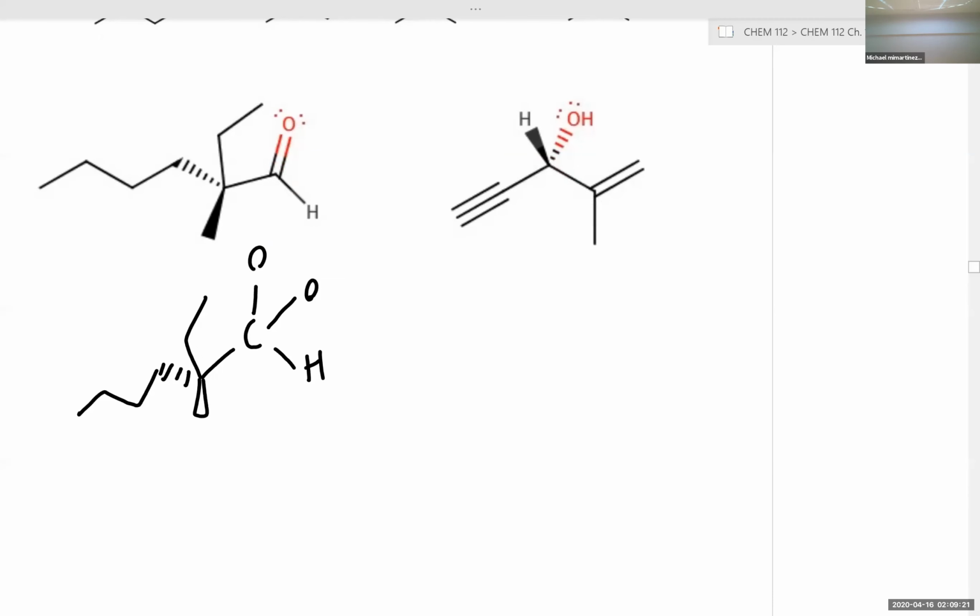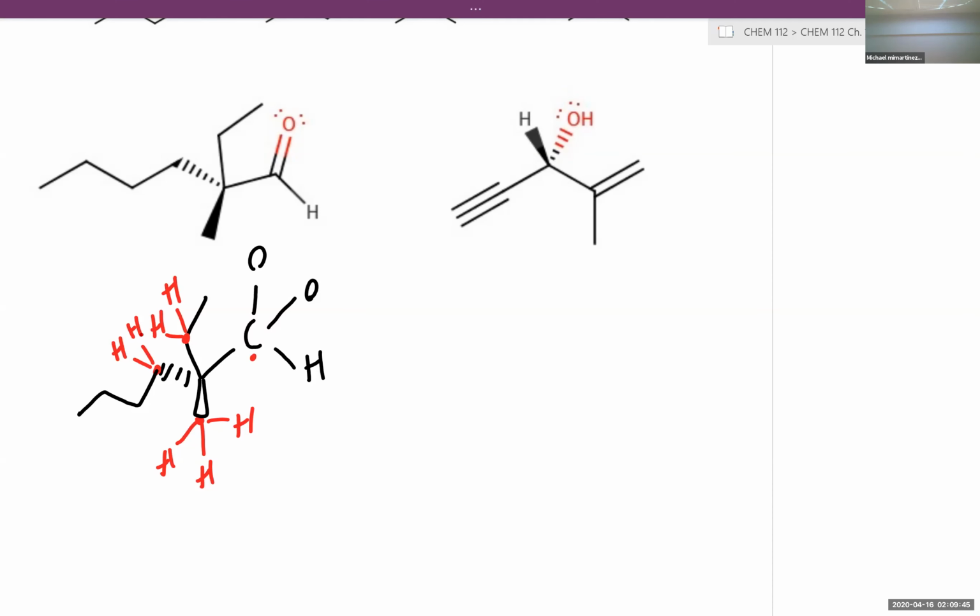Okay, so looking at this structure, what is our highest priority group? First and foremost, we have a 4-way tie between all of our carbons, right? So now we have to draw out the substituents attached to our carbons. My question to all of you is, what is the highest priority group?